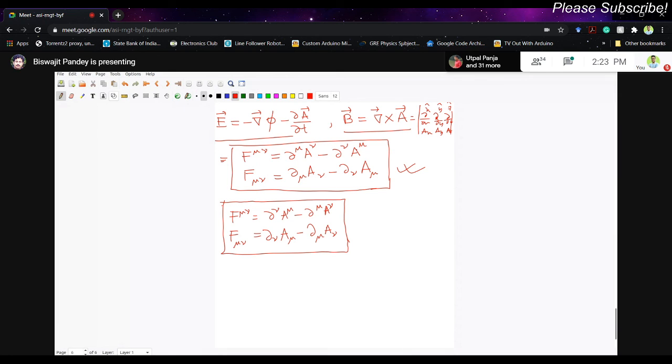And if you check, this is not a proof. We are just inferring that A mu and F mu nu are connected via this relationship. So once you know the four potential in a given problem, you can easily calculate the field. When we know the scalar potential and the vector potential, we can calculate the electric field and magnetic field.